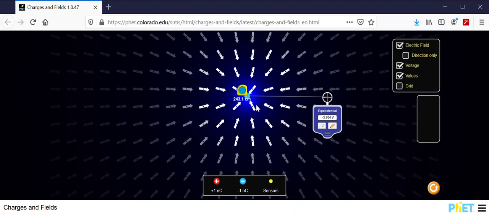Here I'm reading 243 centimeters, which is 2 meters and 43 centimeters. So what the voltage box tells me is that the voltage at that distance is minus 3.704 volts. Pretty sure you understand that.